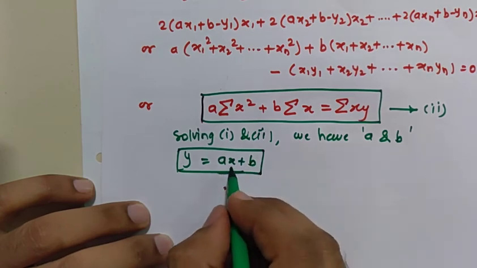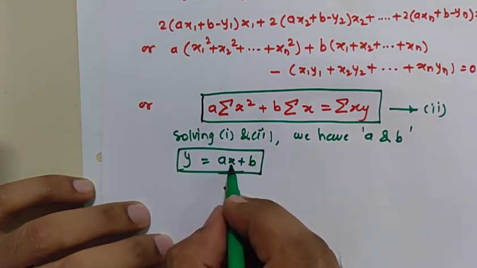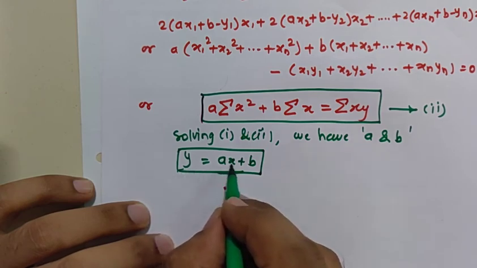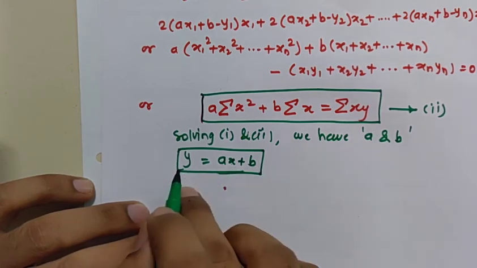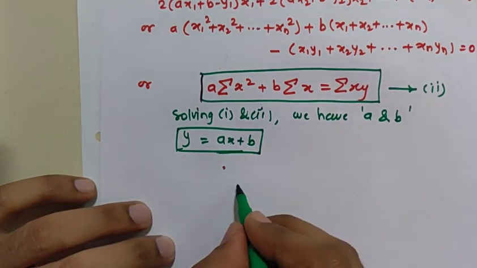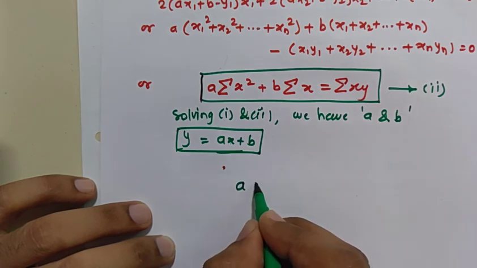So remember, when we are going to fit a straight line for a given set of data points x and y, our aim is to determine these a and b values, and according to the least square criteria we can get those a and b values with the help of these two characteristic equations.